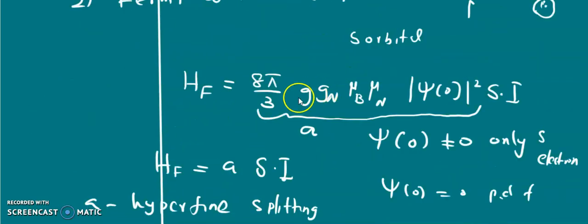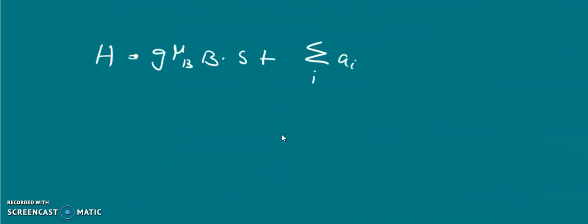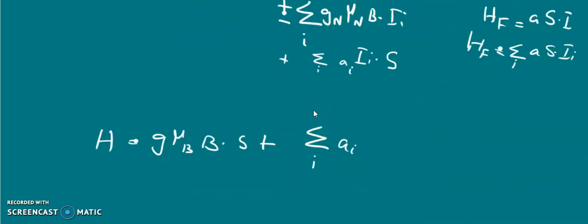So, A is 8 pi by 3 Gn mu B mu n mod psi 0 square. So it's different for different nuclei, and so we have to use a subscript on A also. So please put Ai over here. So Ai Ii dot S. So this is the Hamiltonian.